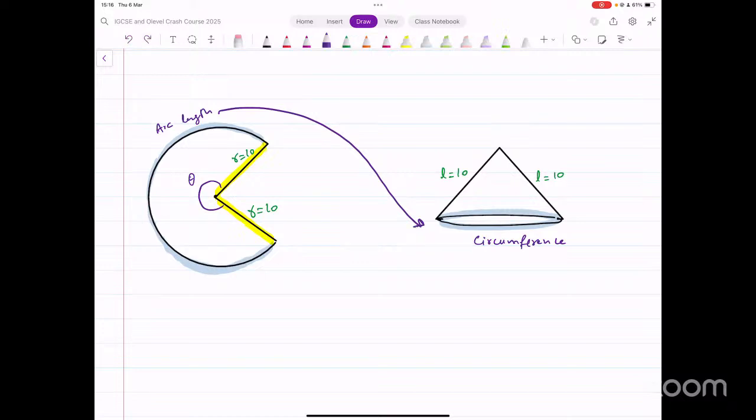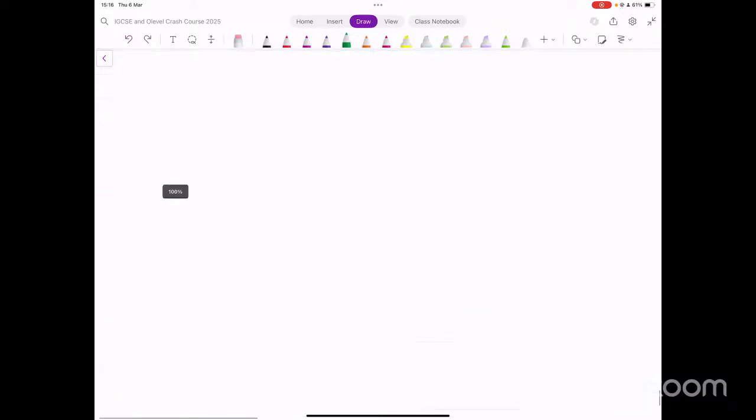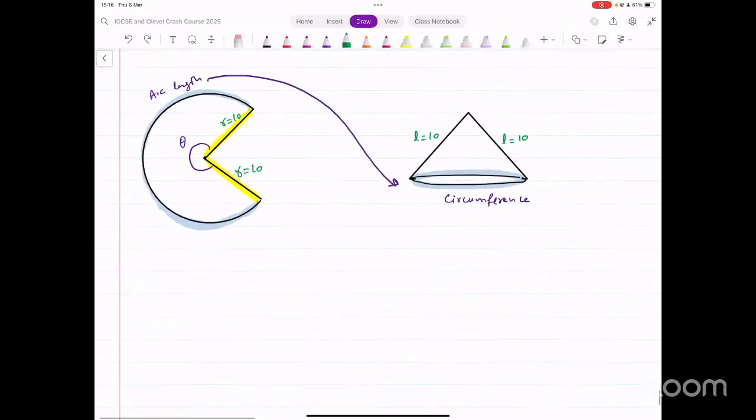Okay. So the arc length of that sector becomes the circumference of that cone, and the radius becomes the slant height of that cone. Now that's something that you can remember. I'll share an animation with you in the group, which will show you how it's actually done in 3 dimensions.